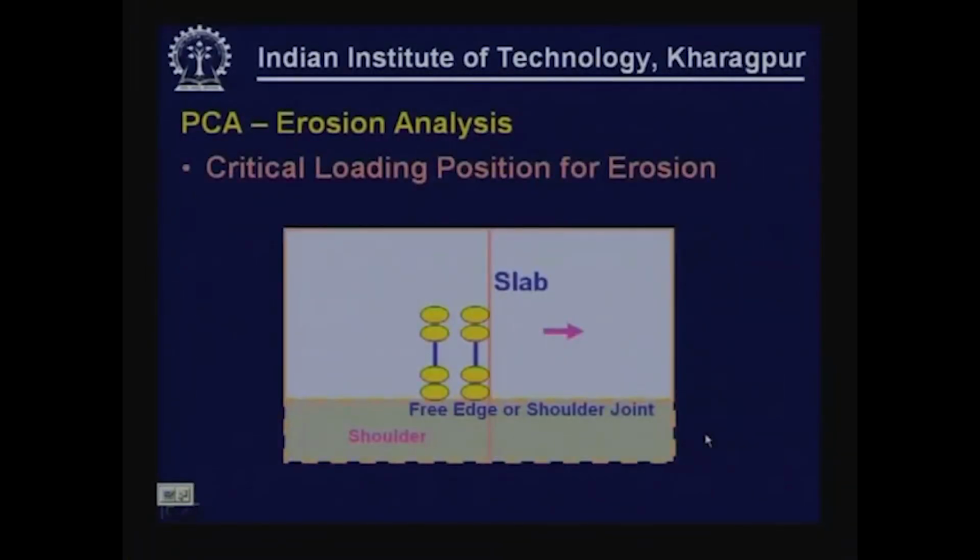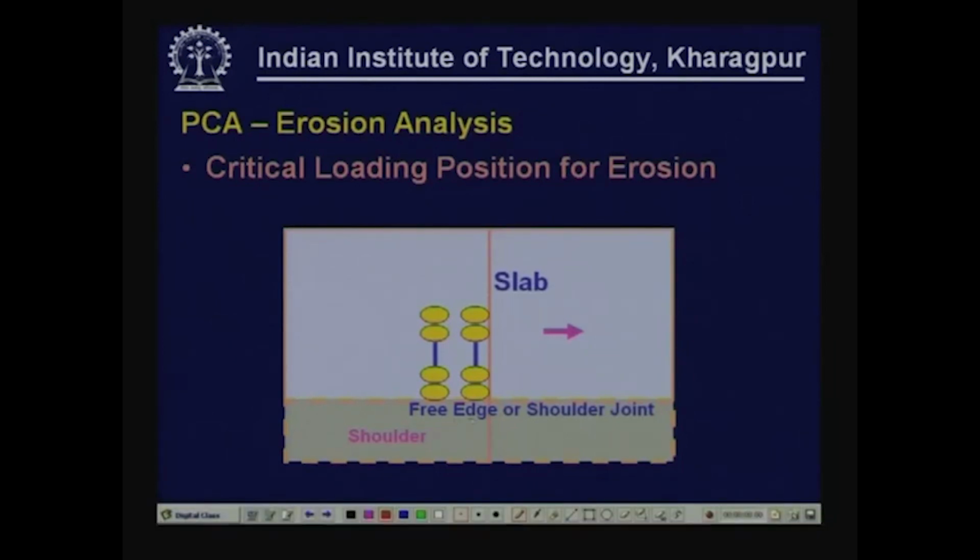So, for carrying out erosion analysis, the critical loading position as we just discussed will be the corner location. So, the load has to be placed in the corner region. This is one free edge, there is a shoulder on this side, there is another edge, this may not be exactly free, but there is another slab on the other side, there is a joint here.